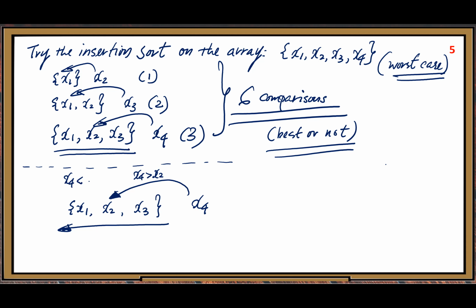If X4 is greater than X2, then we just need 1 more comparison with X3. If X4 is less than X2, we just need 1 more comparison with X1. That's the binary search idea.